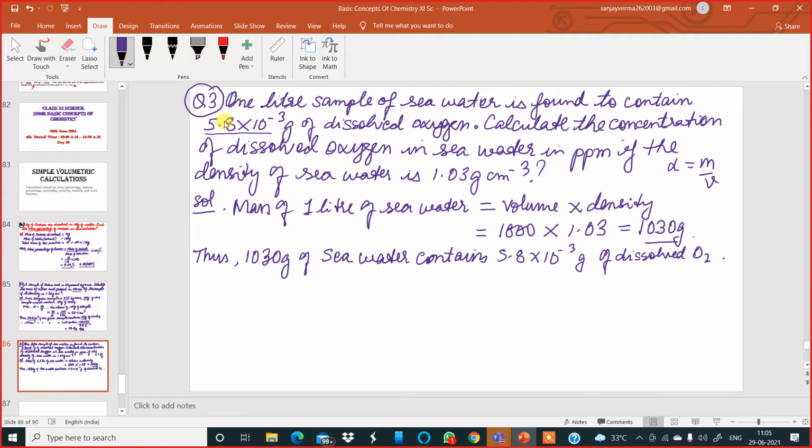This I can write down from here. Now we have got the mass of 1 liter of seawater, that is 1030 gram. This 1030 gram of seawater contains 5.8 into 10 power minus 3 gram of dissolved oxygen.